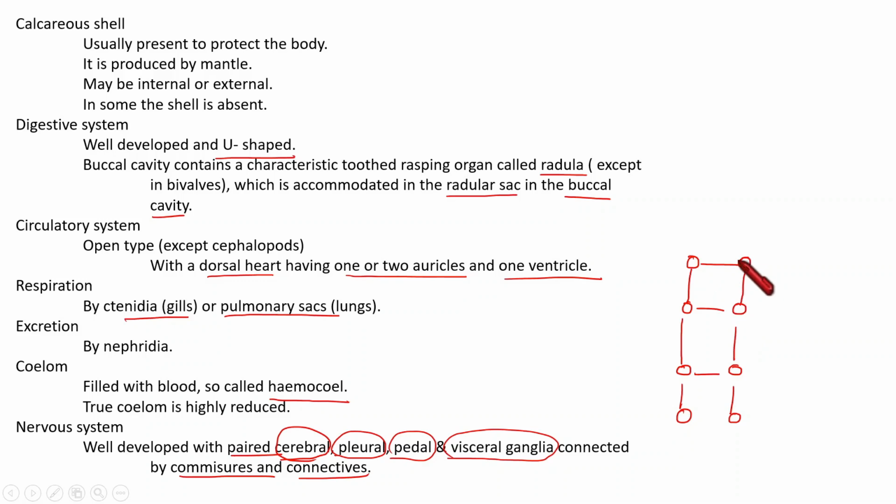Whenever an impulse or some stimulation happens somewhere, it needs to be transmitted to all other regions of the body within a fraction of a second. So those connections are very essential. That's the peculiar feature of the nervous system of Mollusca, a ladder-like nervous system.